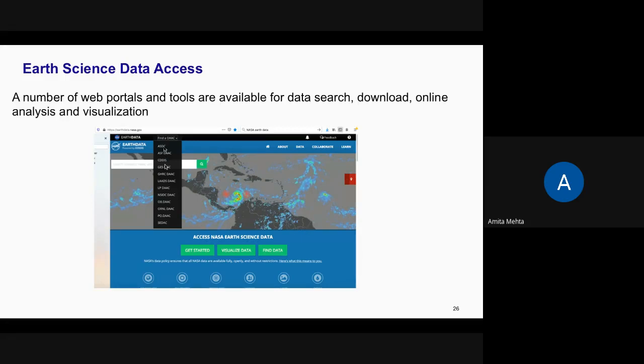There are a number of other data repository sites that are shown here. Once you go to NASA Earthdata, you can explore each of them. Some of them provide just land data, some provide atmospheric data, some ocean data, and there is also a socioeconomic data center called SEDAC. So you can explore these centers to get different data sets.